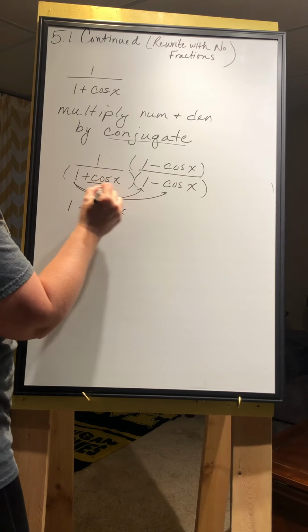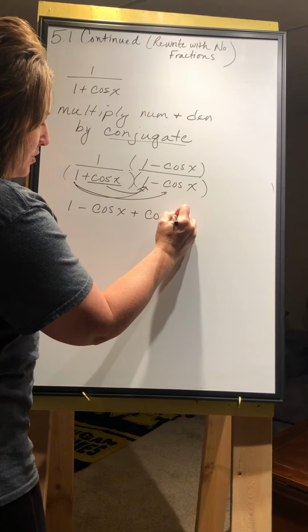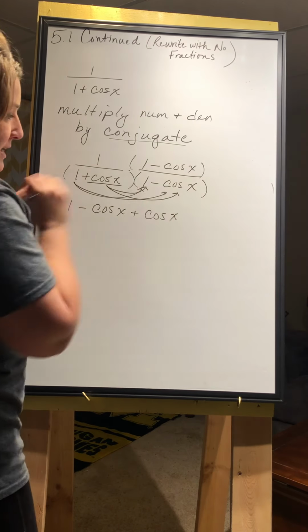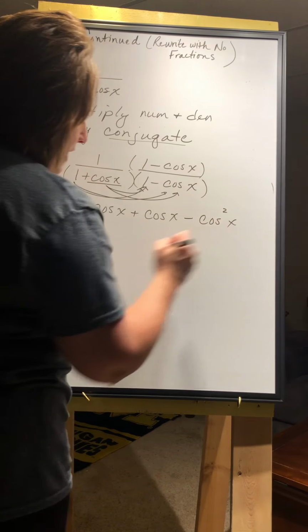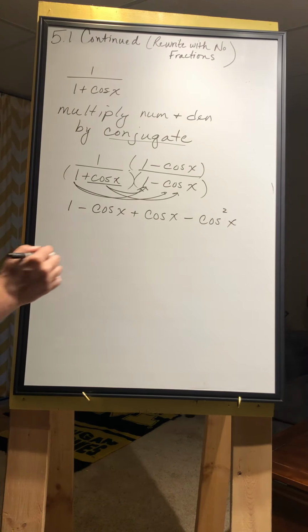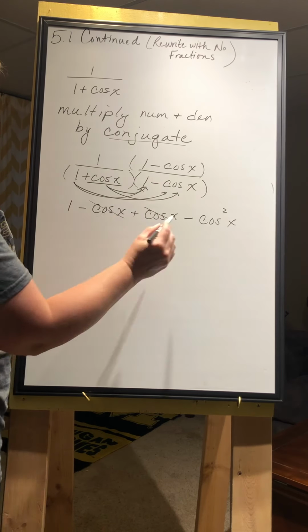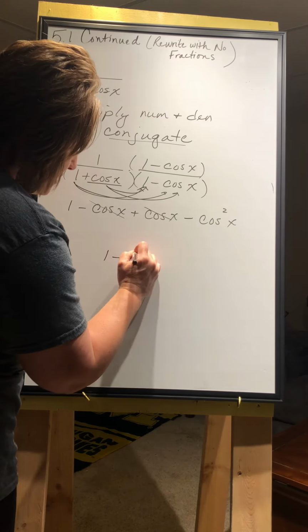Now cosine x times that 1 is a positive cosine x. And then cosine x times a negative cosine x is a negative cosine squared x. So now these are going to cancel out, and the only thing that we have left in the denominator is 1 minus cosine squared x. So that's our denominator.